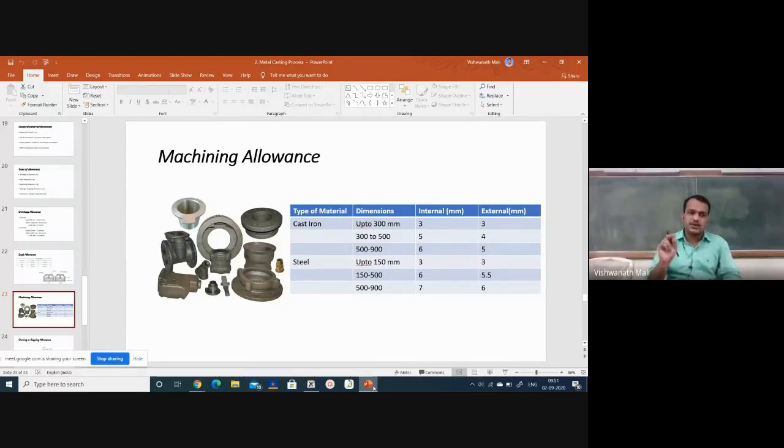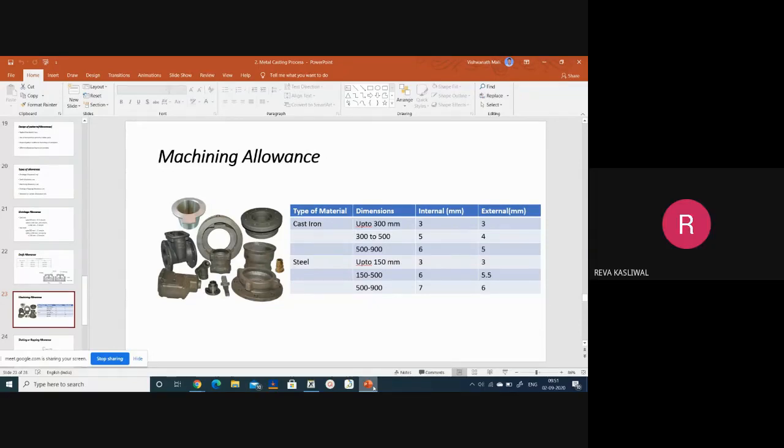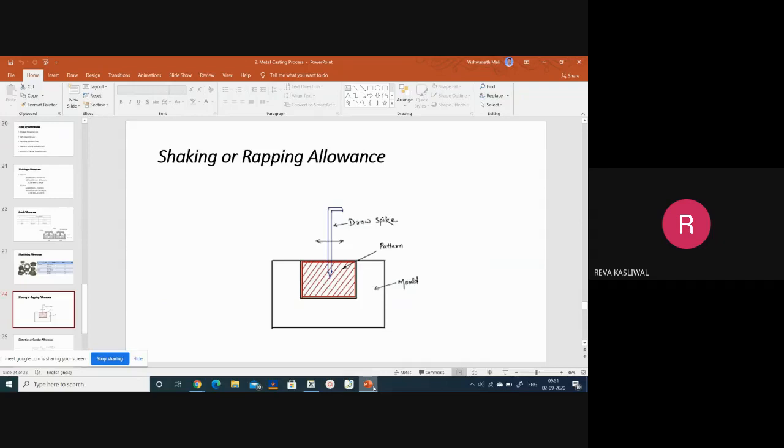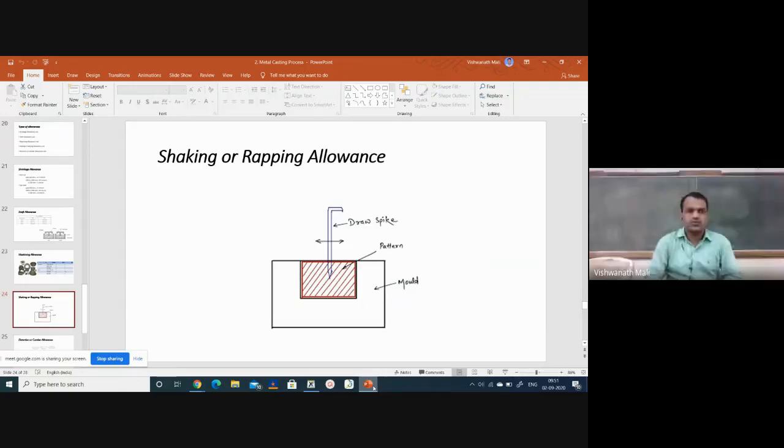But remember that the most important allowance is the shrinkage allowance, because every metal is going to shrink. You can take any material, cast iron, aluminum, titanium, in every case it is going to shrink. It is impossible to overcome that. You need to give that shrinkage allowance.